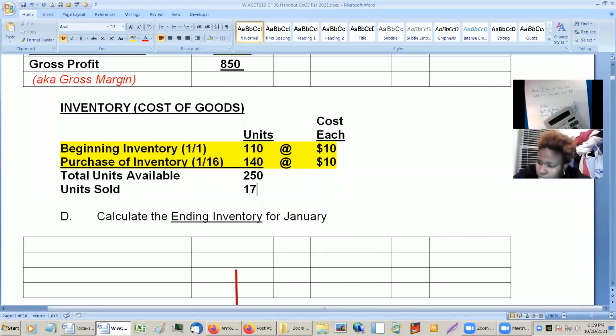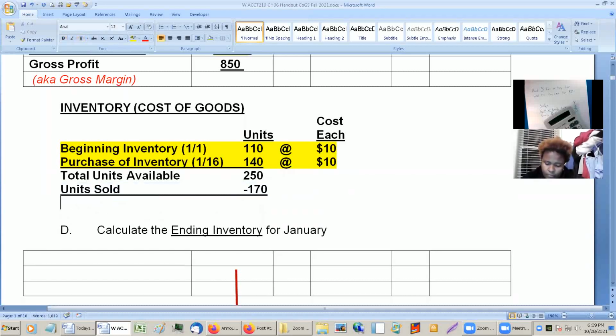So our ending units, here's the ending inventory, will be 80.